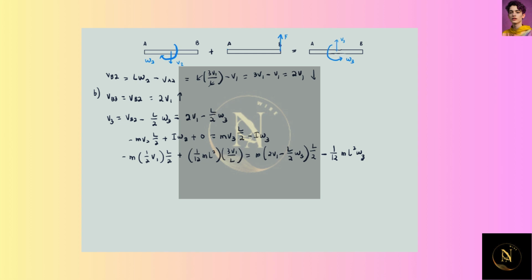So, simplifying the equation and joining the like terms on one side of the equation, this becomes negative M V1 L over 4 plus ML V1 over 4 equals ML V1 minus ML squared omega 3 over 4 minus 1 over 12 ML squared omega 3.